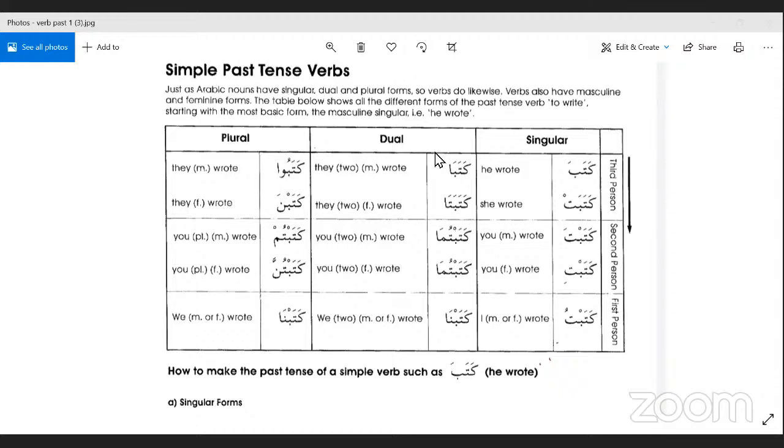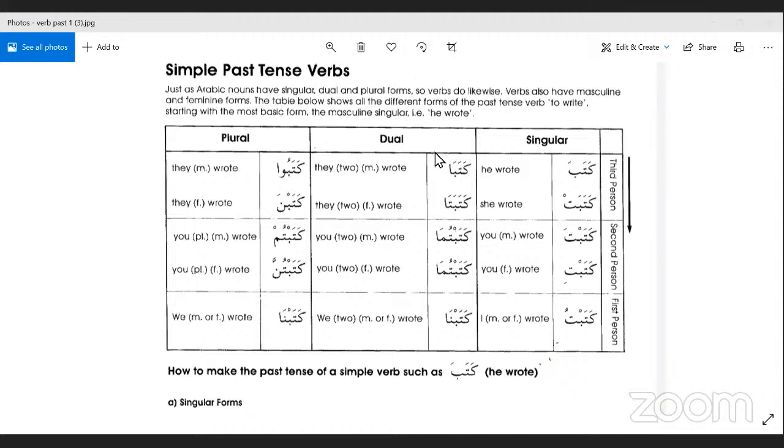Jalasna. Excellent. And then second person. You sat. Jalasta. Correct. Jalastuma. Excellent. Jalastum. Excellent.